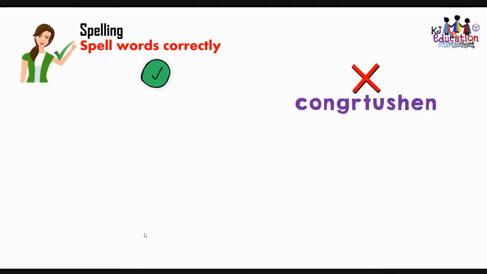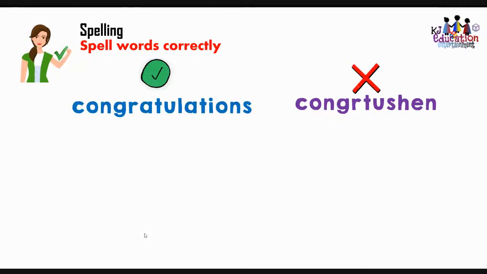So, what word do you think it is? Yes, congratulations. Even though this word is long, you tend to know it because it is a common word where you use this a lot. So you have to spell it correctly.